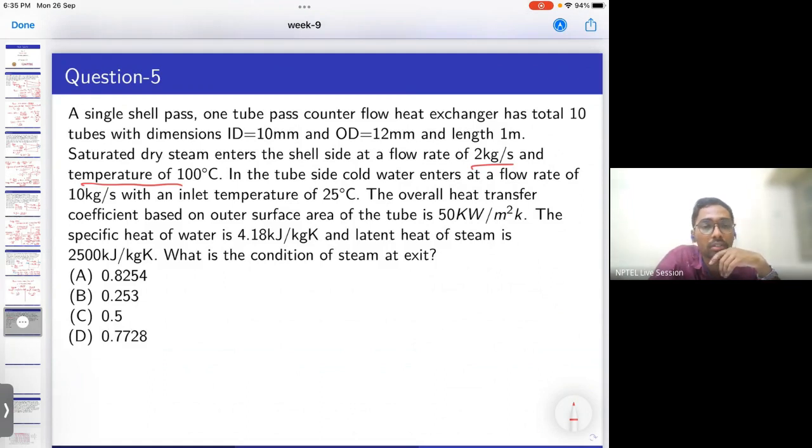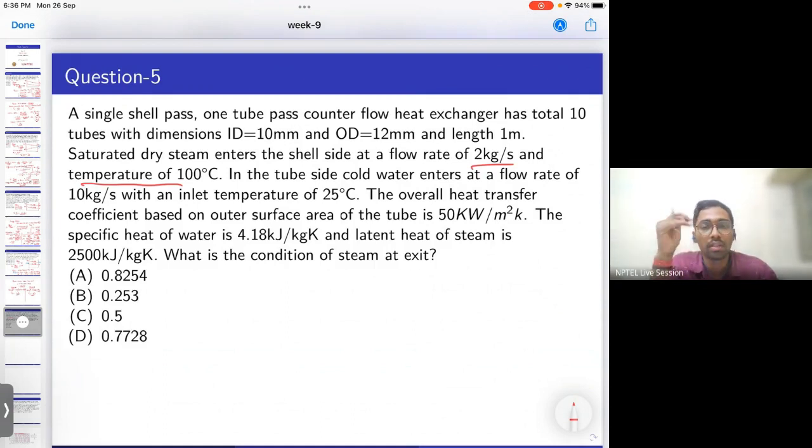The overall heat transfer coefficient based on the outer surface area of the tube is 50 kilowatts per meter square Kelvin. The specific heat of water is 4.18 and the latent heat of steam is 2500 kilojoule per kilogram. What is the exit condition of the steam?